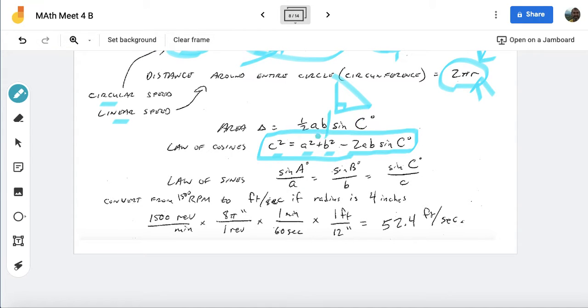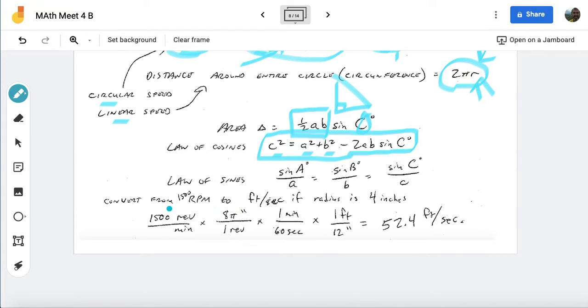That's why you might recall the area of a triangle is often 1/2 ab. That's true if it's a 90-degree angle, but if it's not, you can just put in that angle right here. The law of sines, there's a relationship between all sides. The sine of an angle divided by the opposite side equals the sine of another angle divided by the opposite side equals the sine of a third angle divided by the opposite side.